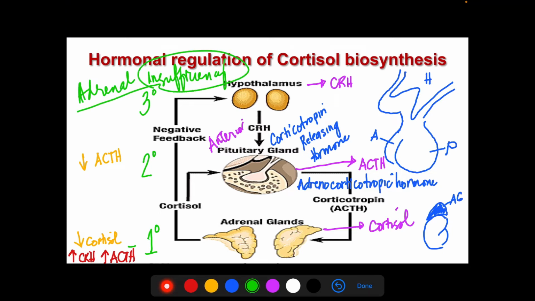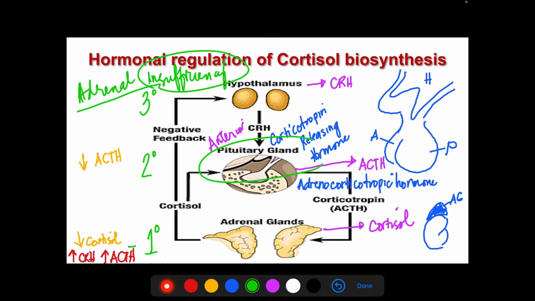Okay? Because there is a decreased ACTH in secondary AI, what will now be the level of the cortisol? Can the pituitary gland stimulate the adrenal gland to produce cortisol? Because it has a problem here.